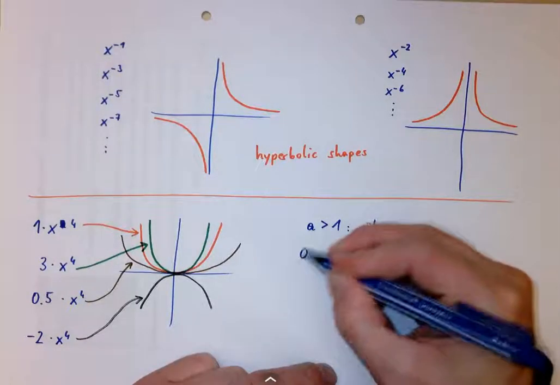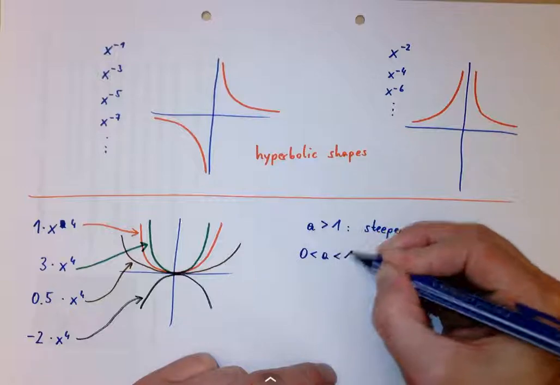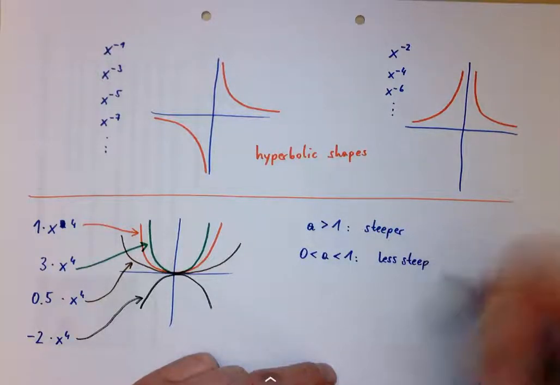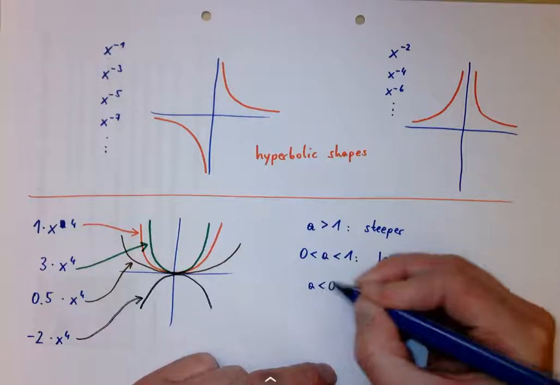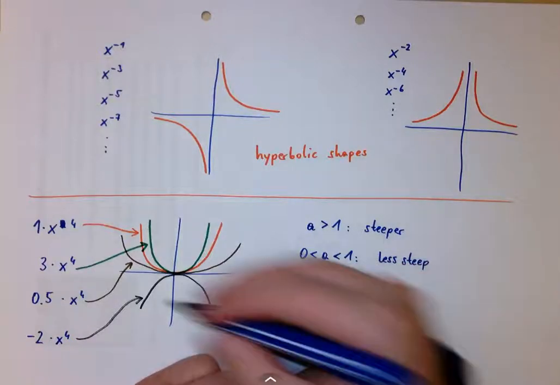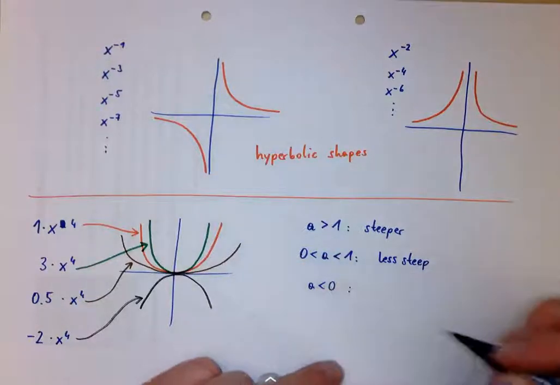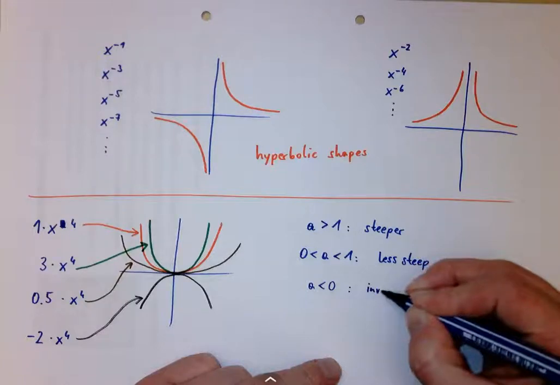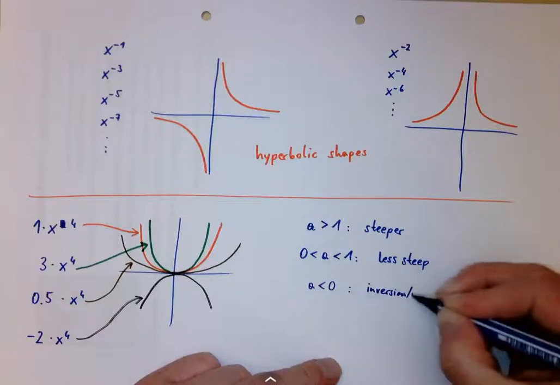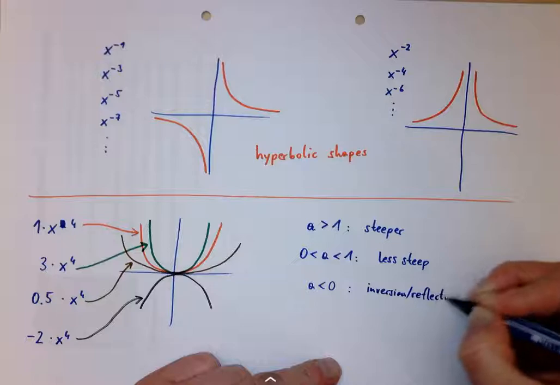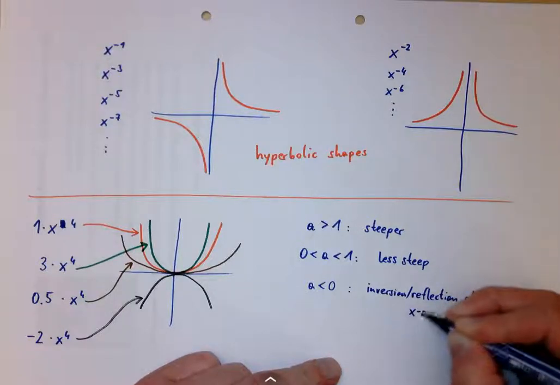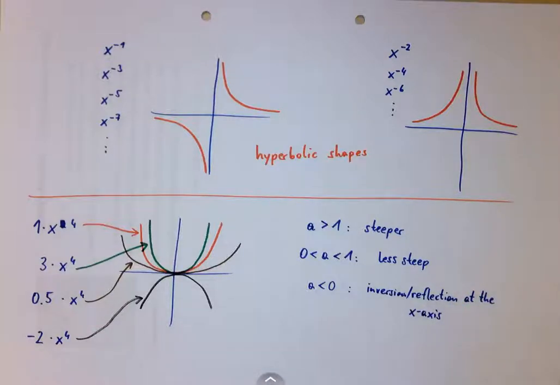If a is between 0 and 1, then it's less steep. And if a is negative, then it's bending downwards, it's inverted at the x-axis. So this is the meaning of the parameter a.